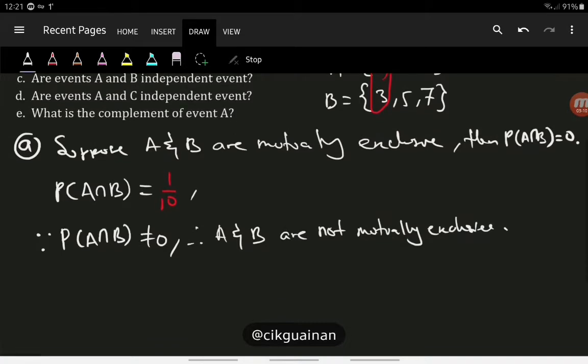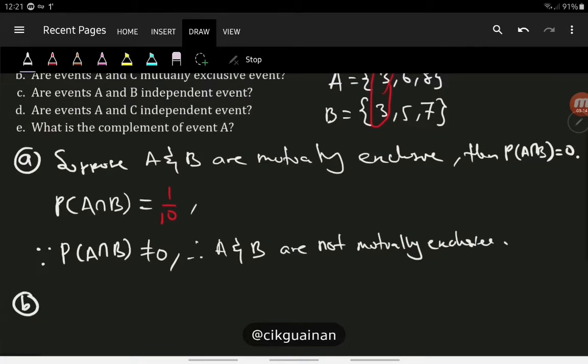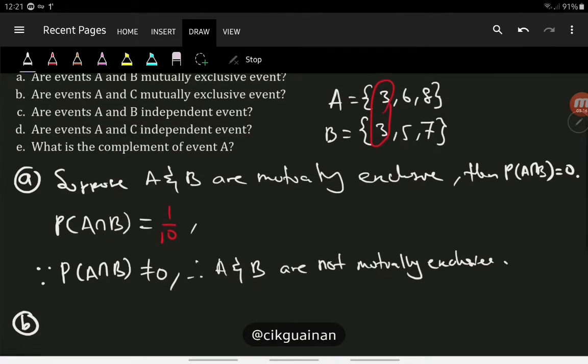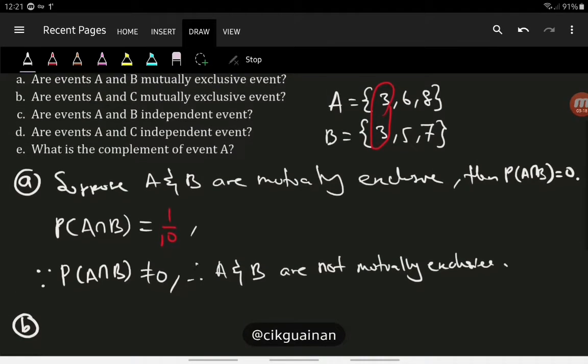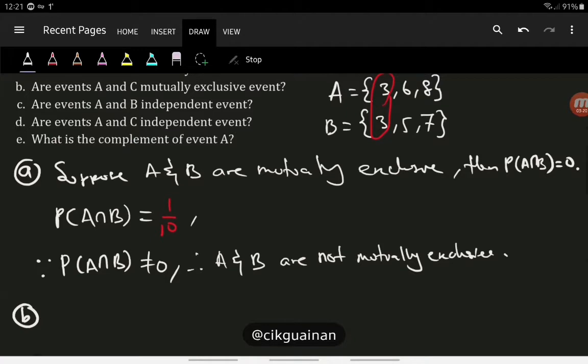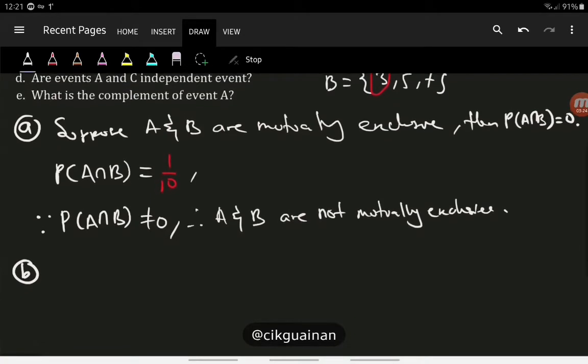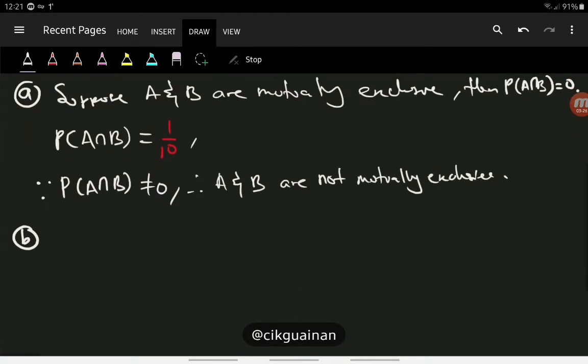Let's move on to the second one, part B. The first one was asking about mutually exclusive. Now the question asks for events A and C. Let me write the events over here first.